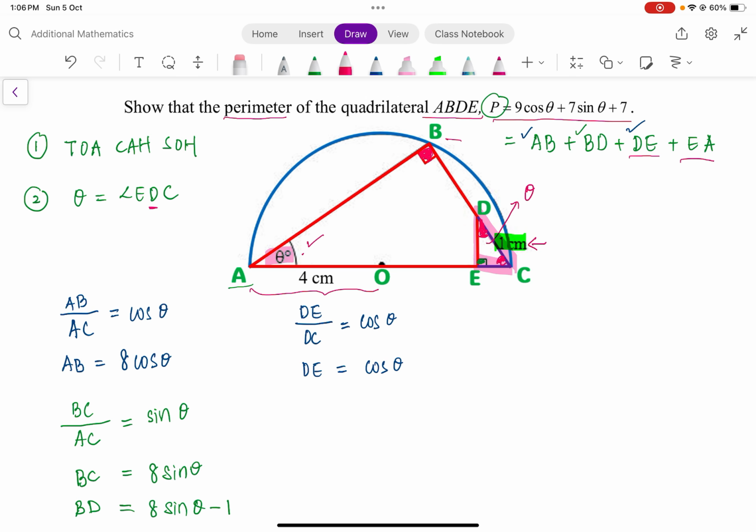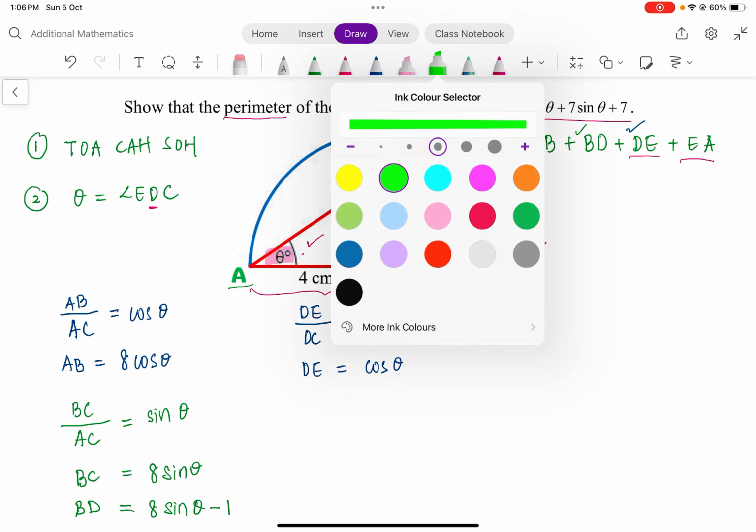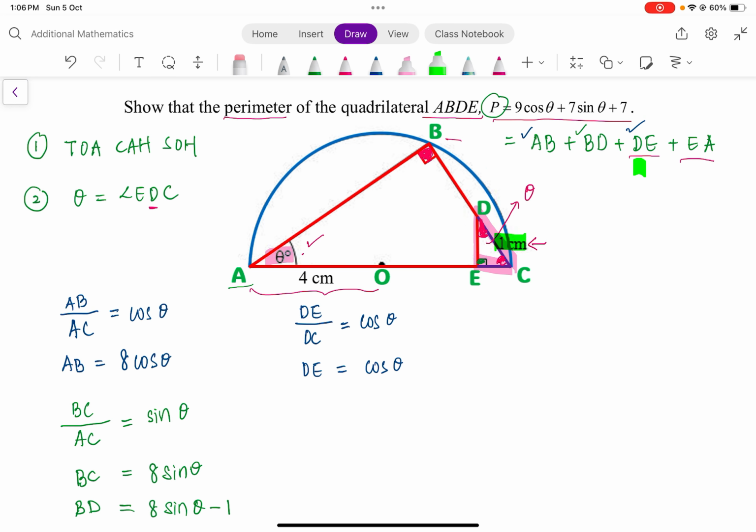Before I can find EA, what do you think we need? You can observe that we need to find the length EC. If I'm able to find EC, I will be able to find EA. So let's proceed to find EC. If I look at this length EC, I know that EC is opposite to the angle theta, and I have DC, which is the hypotenuse.